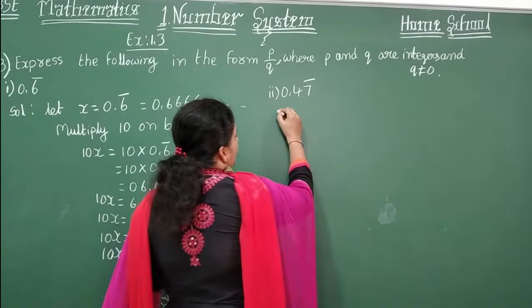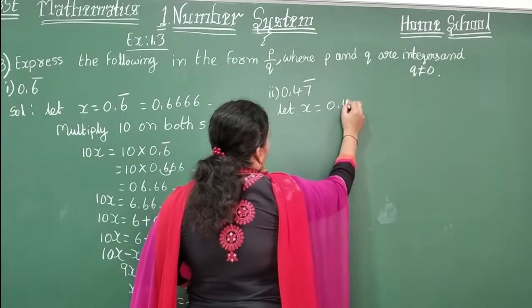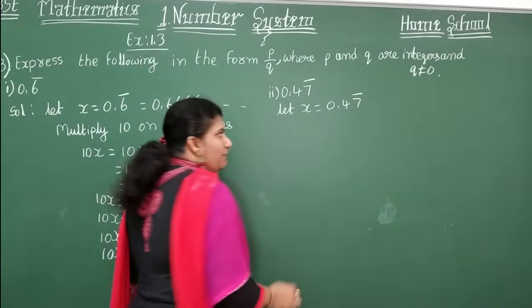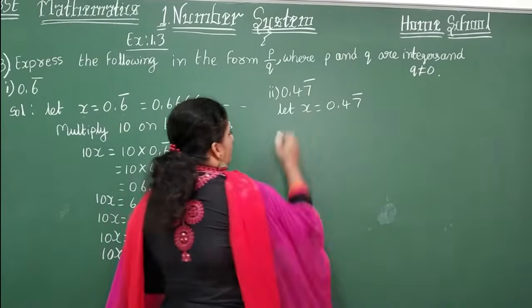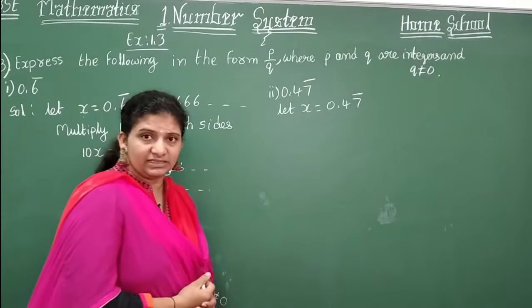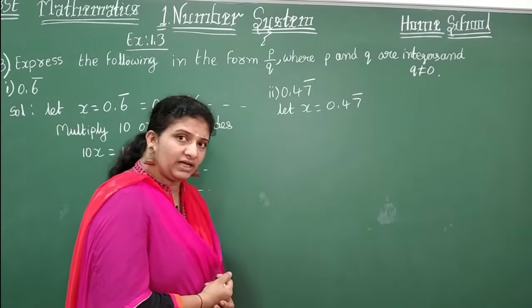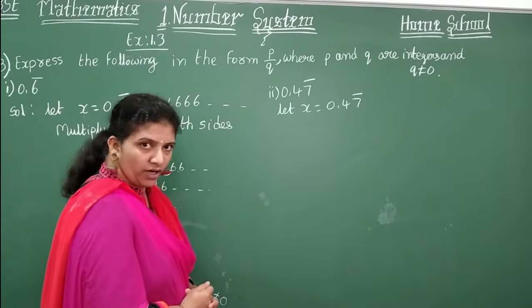So now same manner. Let x is equal to 0.47 bar. Place the bar only on 7. So now what you are going to do, children? How many digits are repeating again and again? One digit is repeated.